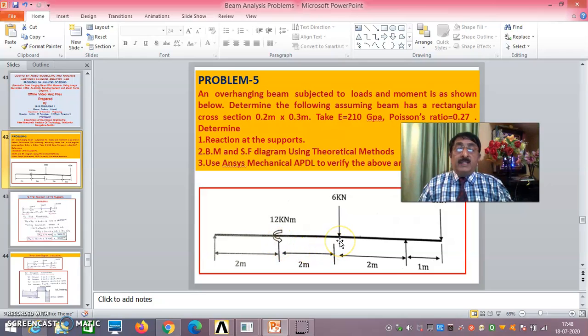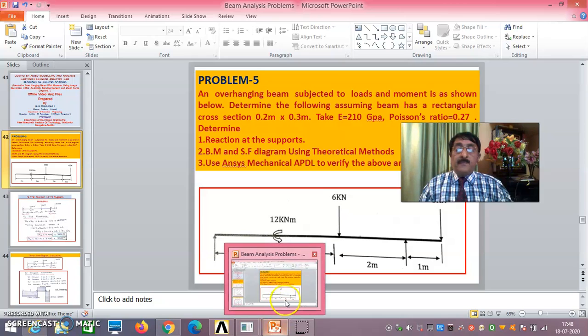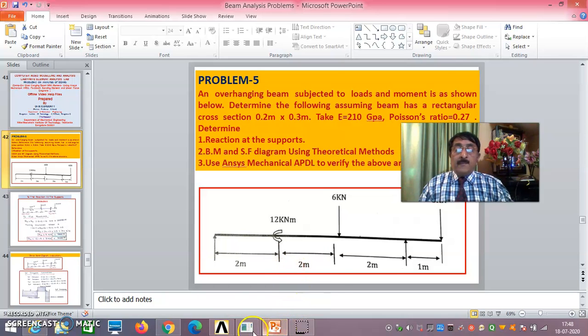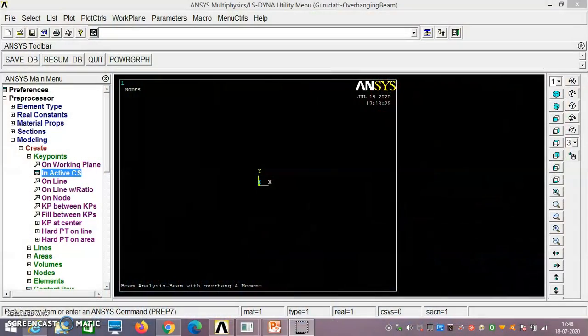Key point 3 is 4, 0, 0. Key point 4 is 6, 0, 0. Key point 5 is 7, 0, 0. In that way, you have to create the key points and all that. Okay, key points. Once you have created the key points, we'll continue.